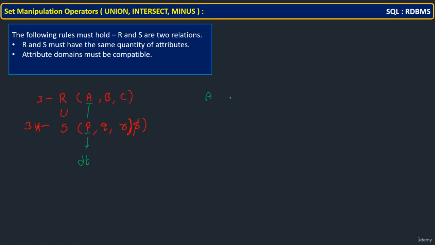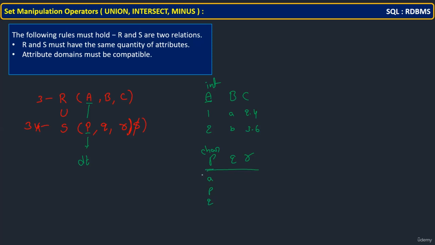For example, A, B, C: A has data 1, 2; B has data, for example, small a, small b; C has data, for example, 2.4, 3.6. Now P, Q, R: A's data type is integer, and here, for example, P's data type is char.